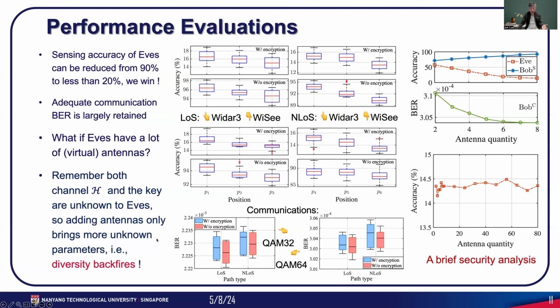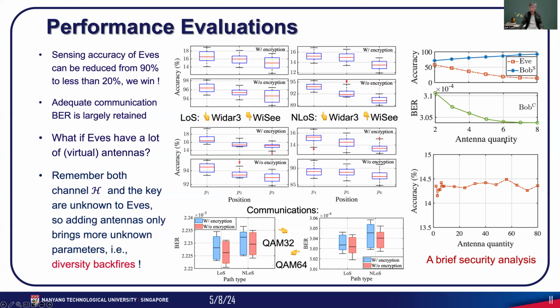In fact, diversity really doesn't help. Used to be the case that if you have only one unknown parameter, the more observations you have, the better chance you can obtain a good estimation of it. But now things are different. That's what we call diversity backfires, because diversity actually creates more unknowns.